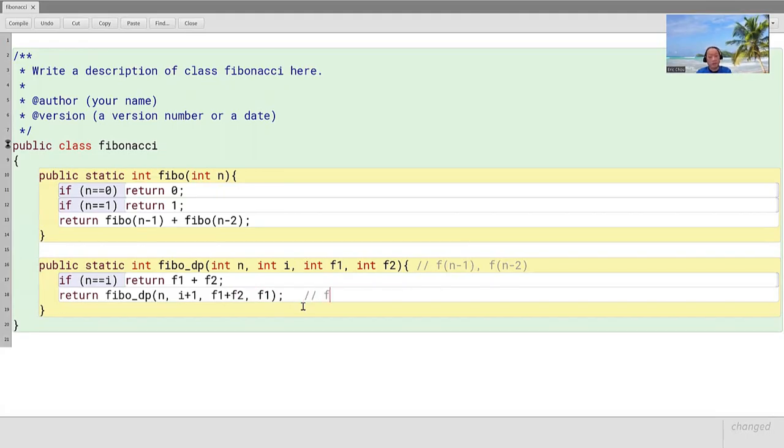This one gives the new f1 equals f1 plus f2, and the new f2 equals the old f1.